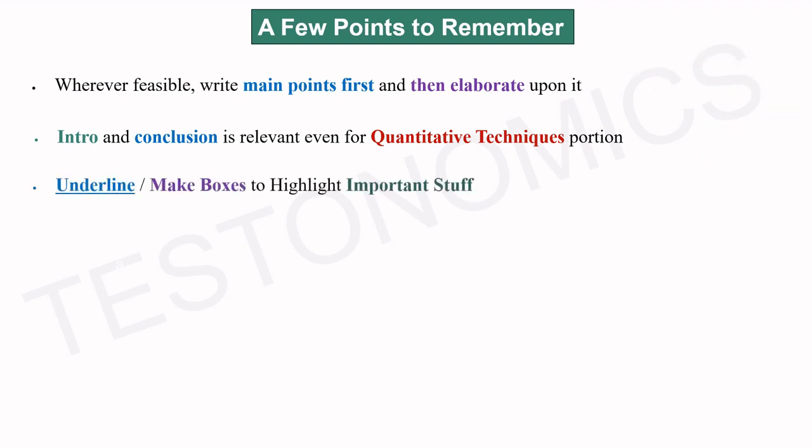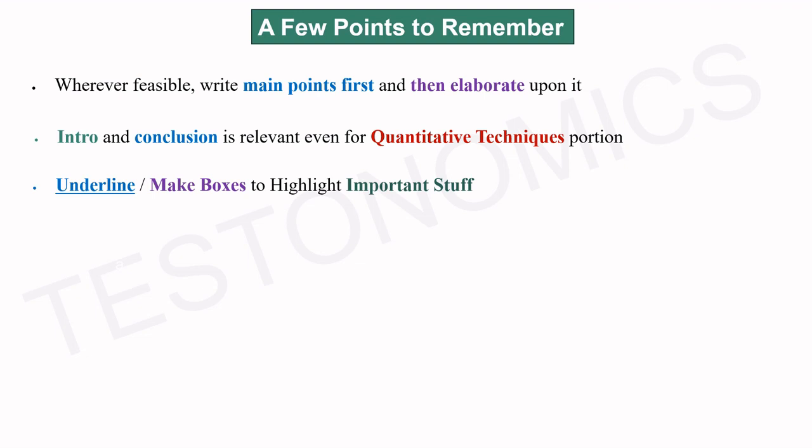Next, underline and make boxes to highlight important points. Now many of you might have been using a black pen for underlining. So that is ruled out. It does not matter. If you have to underline, you can underline with a blue pen only, right? I have written comments in many papers about underlining. So how to underline, first of all?